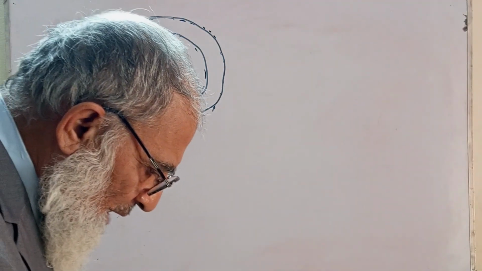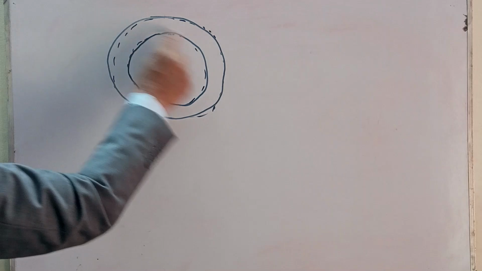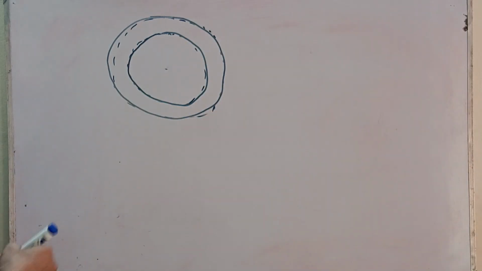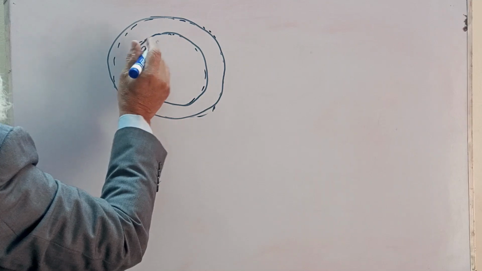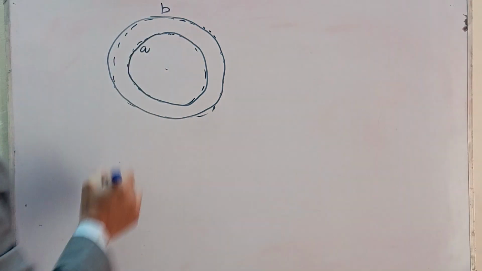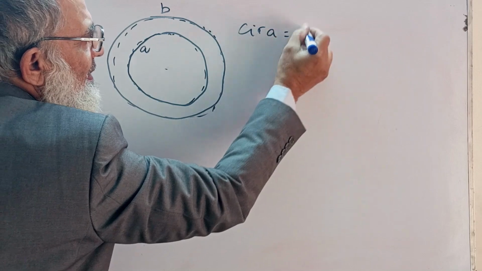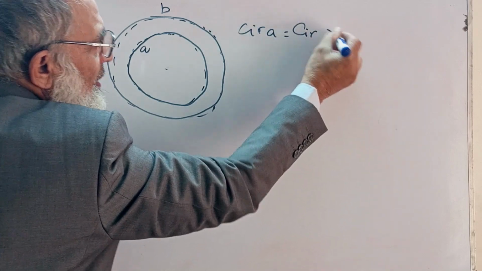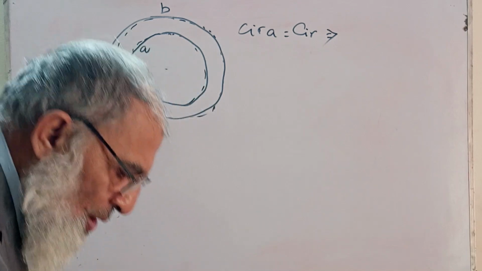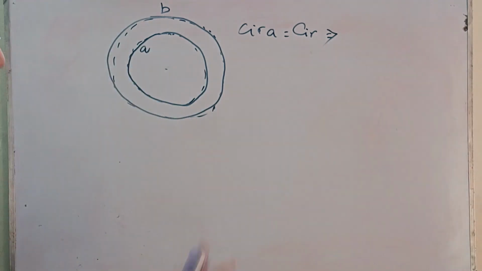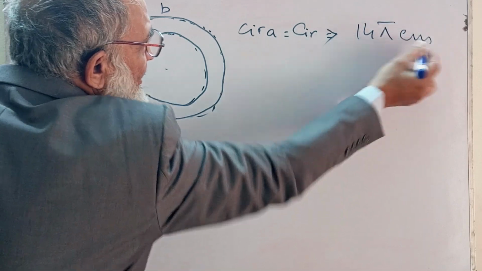Now let me name the inner circle A and the outer circle B. The circumference of circle A is given, the inner circle circumference is 14 pi centimeters.